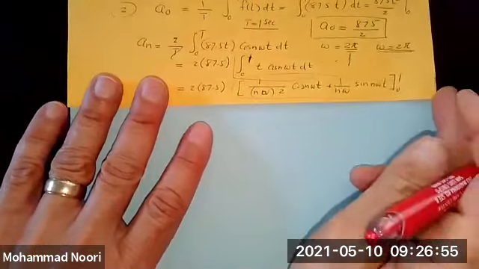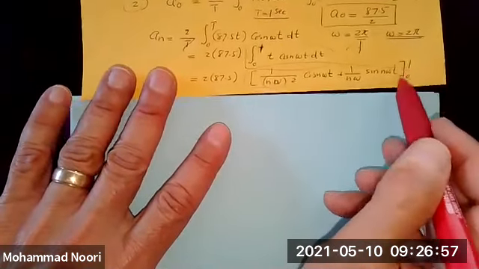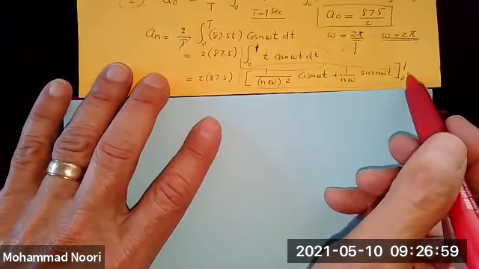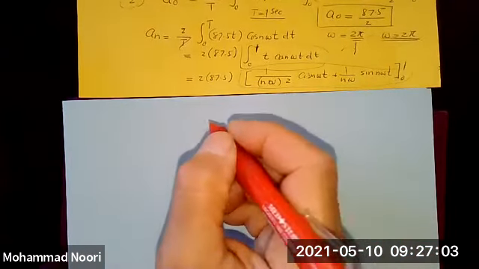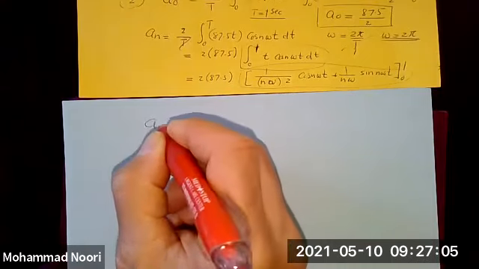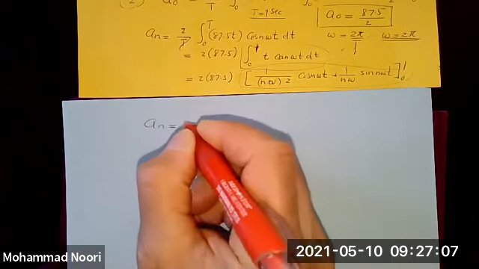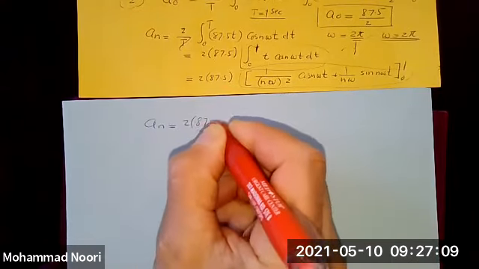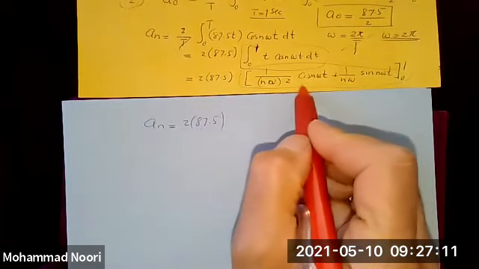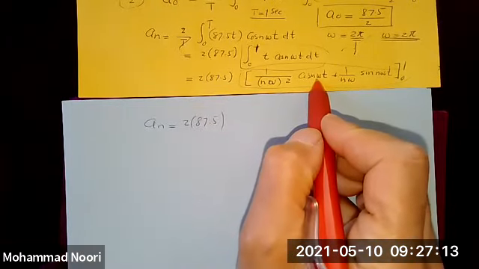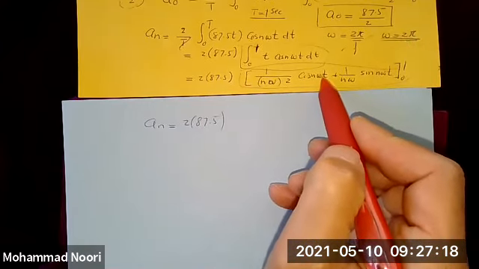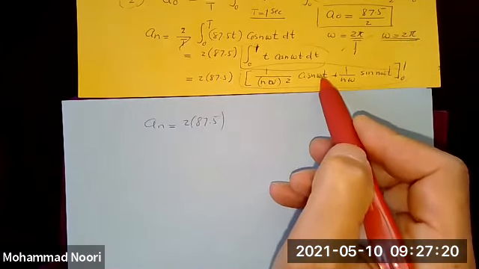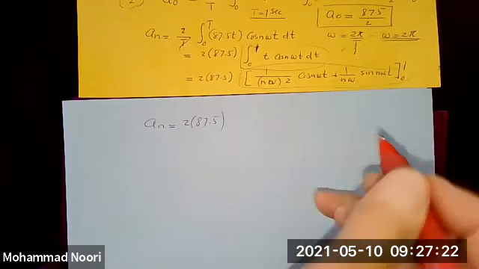Okay, so all I need to do is substitute for these bounds of integration, and you will see that a_n would come out to be 2 times 87.5. Substitute for n omega, which is 2 pi. So we have 2 pi, 2 pi t would be 1.